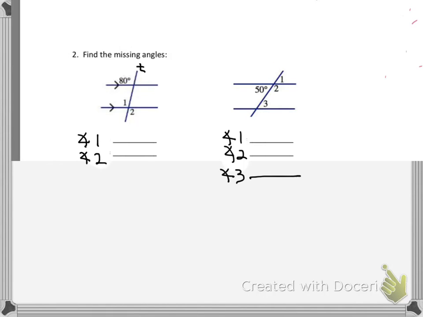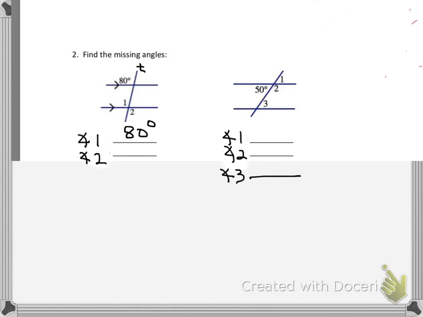Looking back on the work we did in the previous question, I know that angle 1 and the angle with 80 degrees are corresponding. They are both above the line and to the left of the transversal. Corresponding angles are equal, and therefore angle 1 will be 80 degrees.